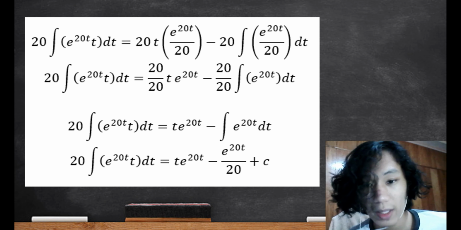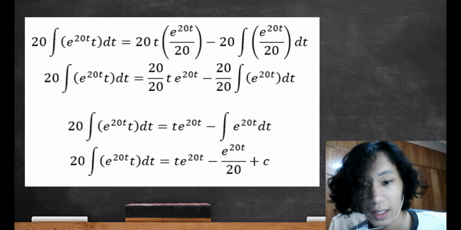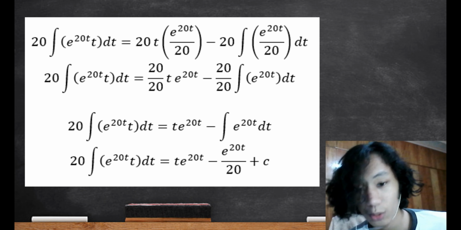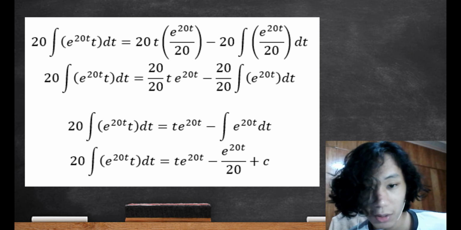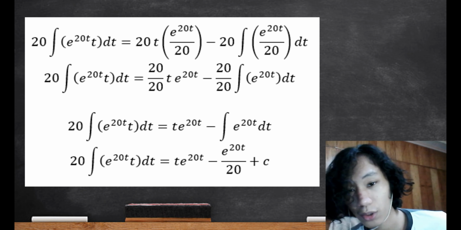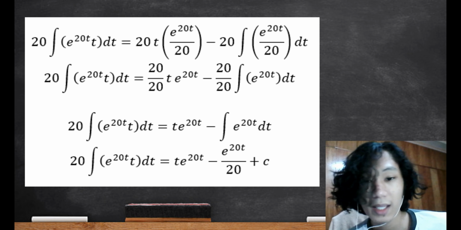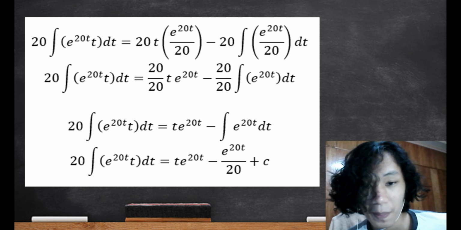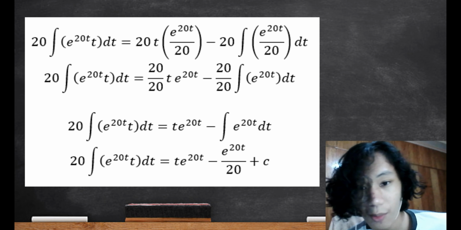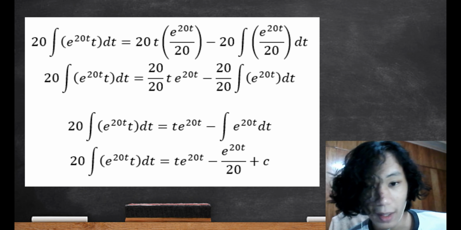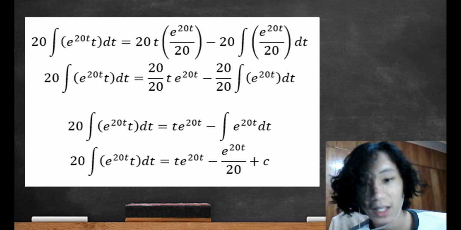Simplifying that equation, we get t times e raised to 20t minus the integral of e raised to 20t dt. Integrating the right side, we get t times e raised to 20t minus e raised to 20t over 20 plus c.